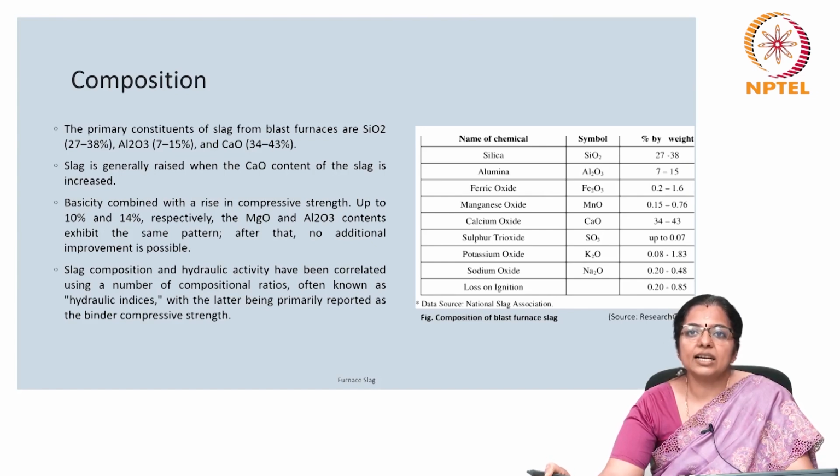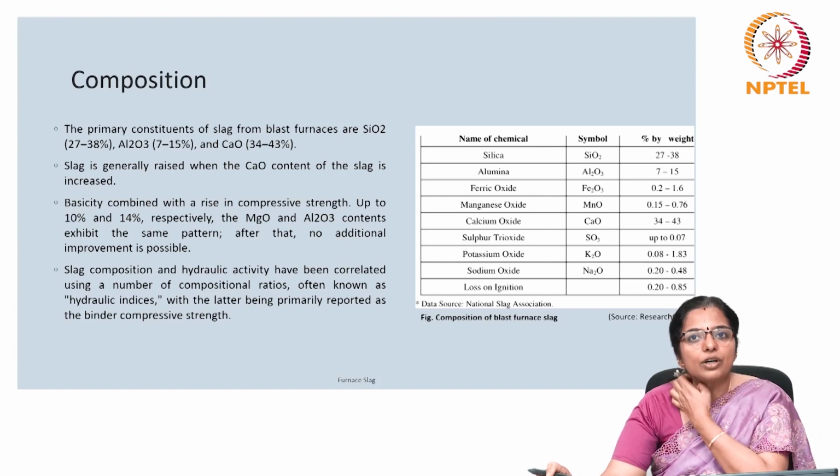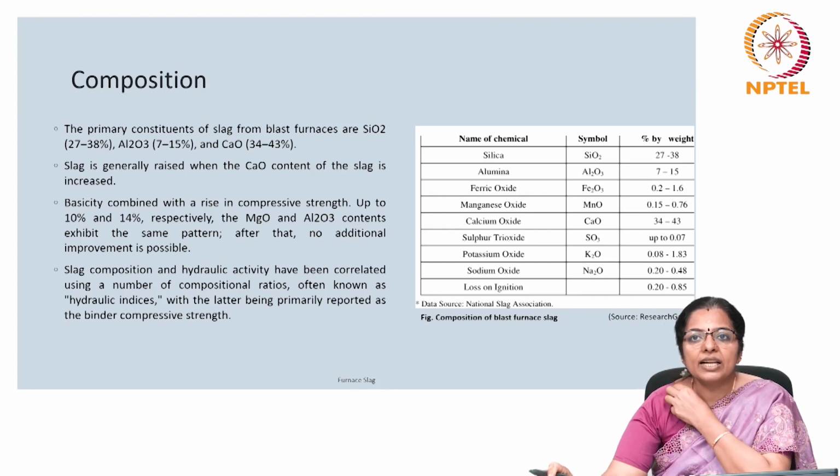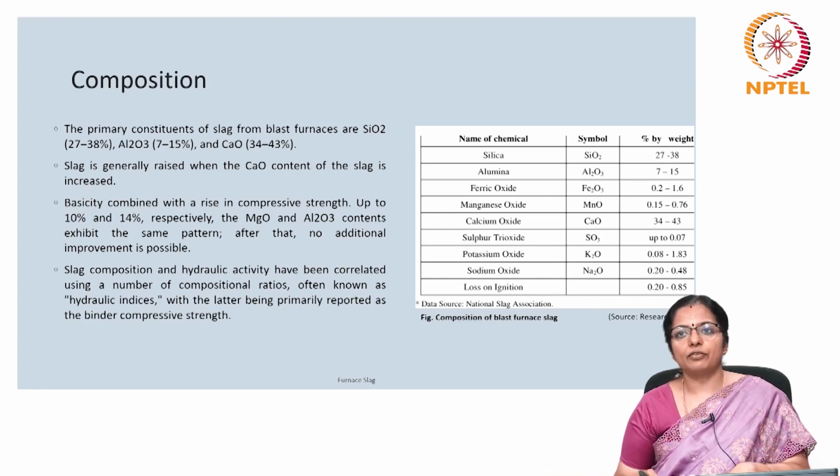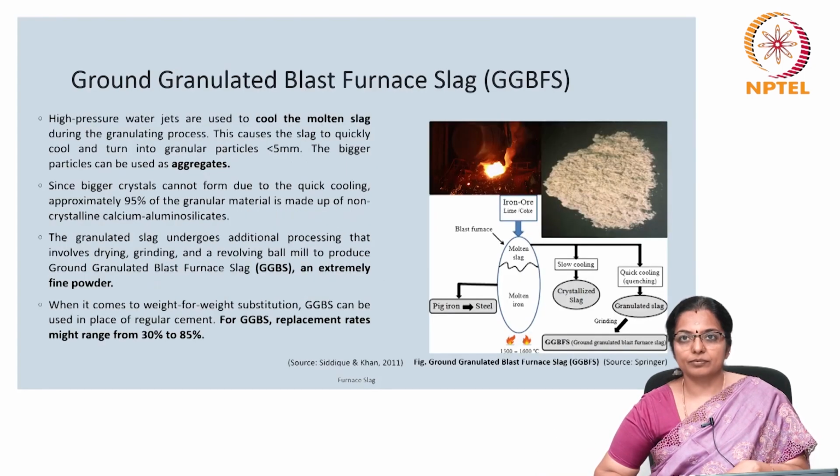To understand the relationship between slag composition and hydraulic activity, various compositional ratios, often referred to as hydraulic indices, have been established. These indices are frequently reported as the binder compressive strength, providing valuable insights into the performance and properties of blast furnace slag in different applications.